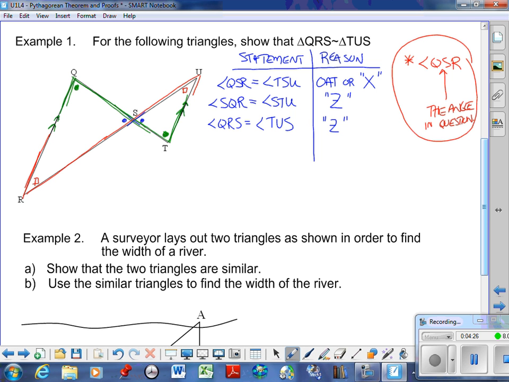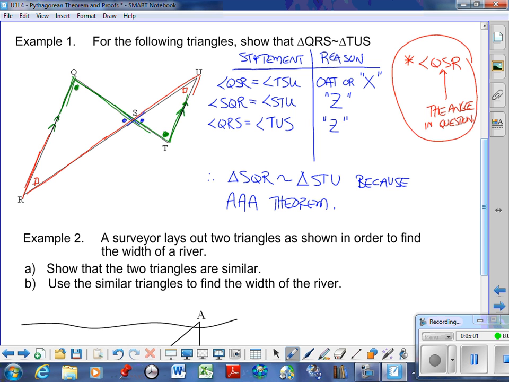Because the three angles are the same, therefore triangle SQR is similar to triangle STU because of the AAA, angle angle angle theorem, and it's proven above. Okay, so this is your proof statement.